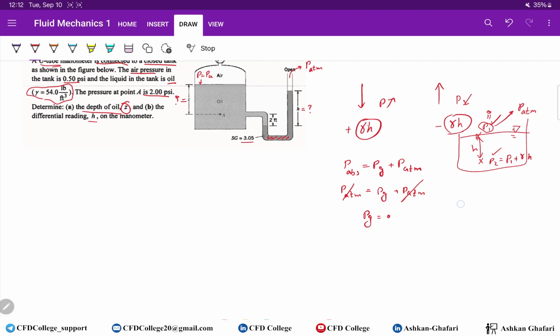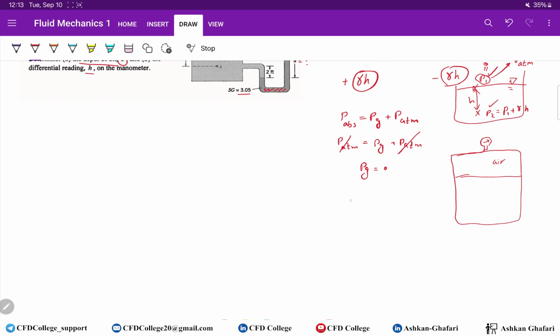But if we have a closed tank like this, here we have air mostly, and the pressure of air is shown by this pressure gauge. Since gamma of gases is much smaller than gamma of liquids, we don't consider hydrostatic pressure.